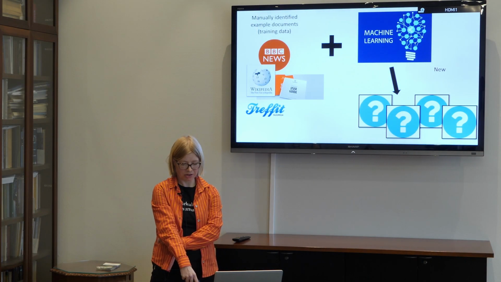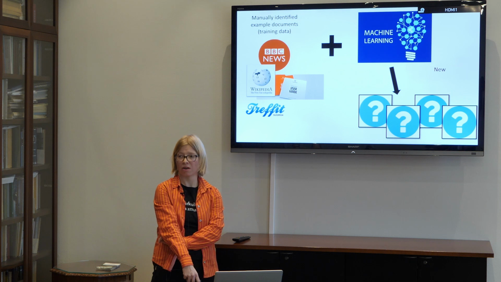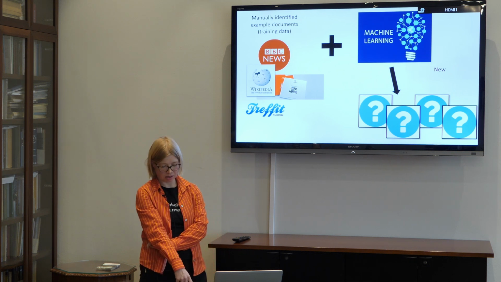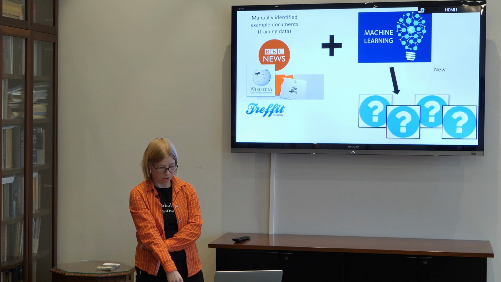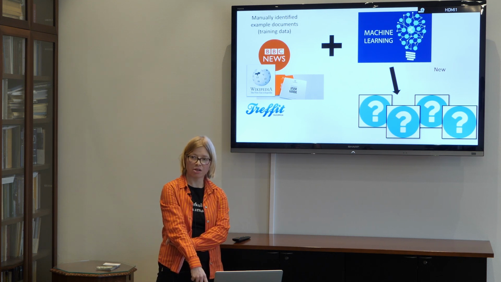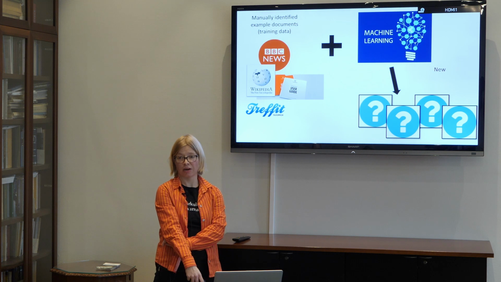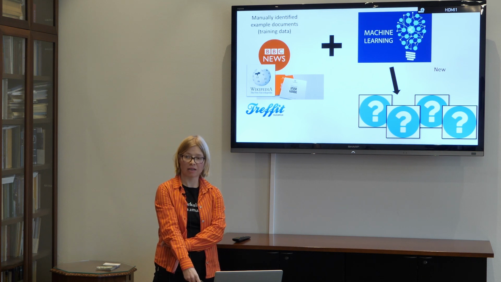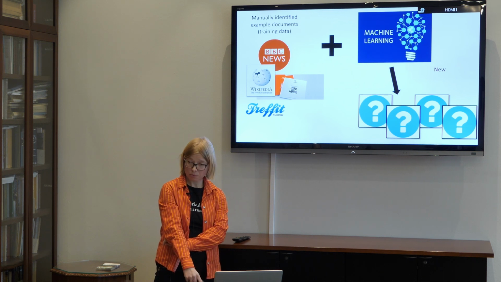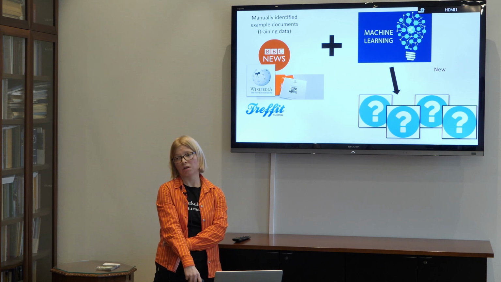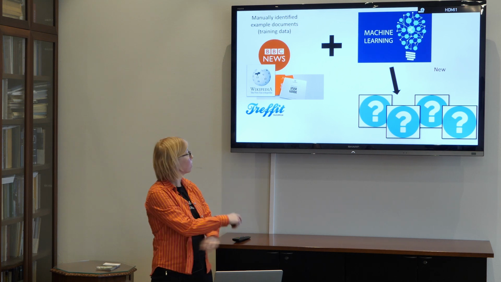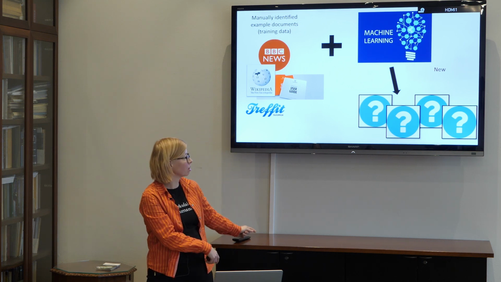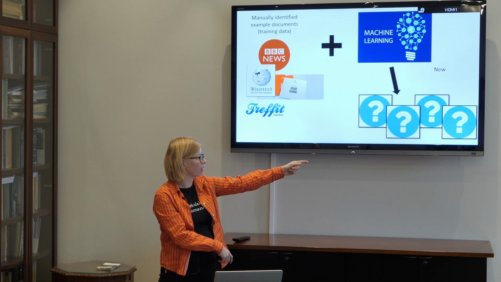Now with such a classification model and a set of example documents, where we have manually identified the origin of the documents, we could develop a machine learning system that could learn to classify texts automatically into these classes. So in other words, we could detect automatically news, opinions, texts that want to sell something, etc. Anything we have here, we could also, at least to some extent, identify there.